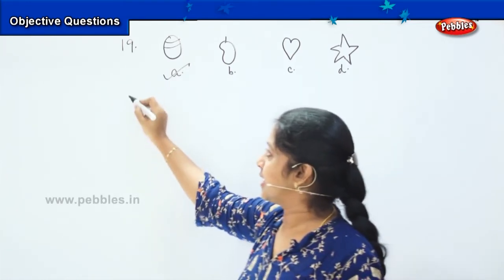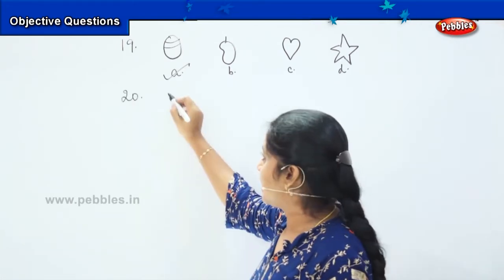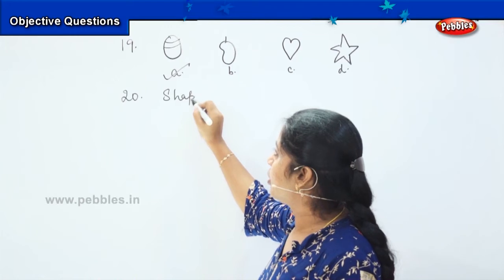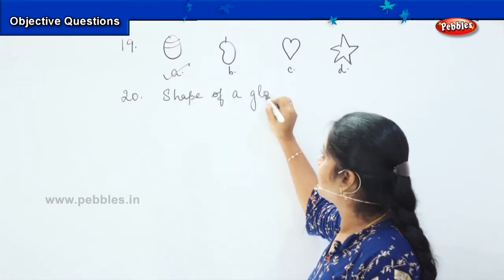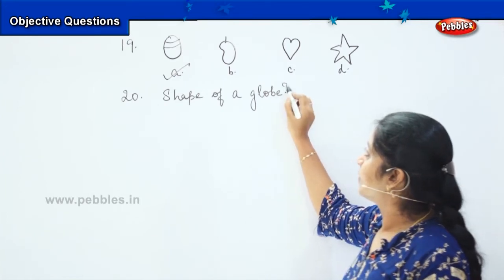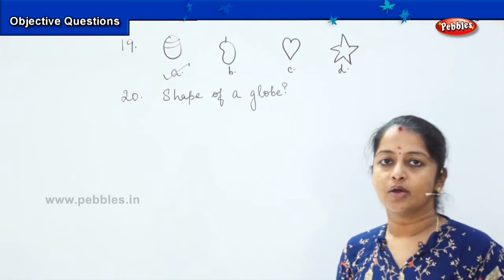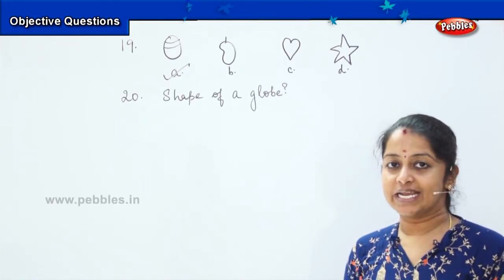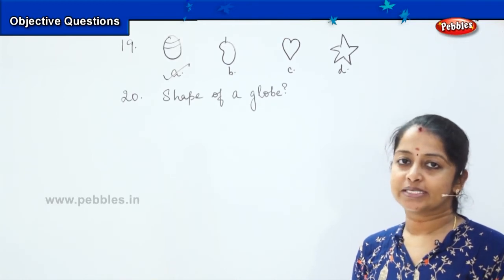Your next question is, you have to tell me what is the shape of a globe. You all know what a globe is? A globe is a representation of Earth, right? Where you can see different states, different countries, and the things that are present on the Earth.